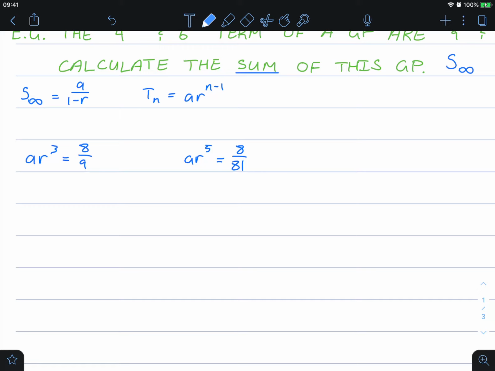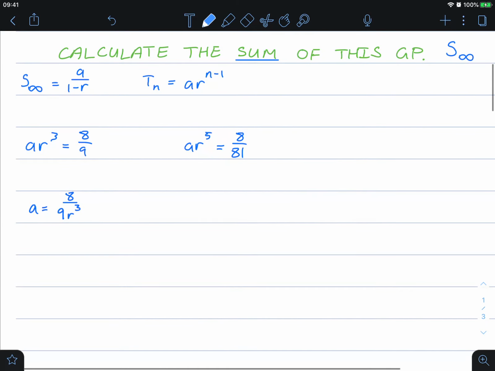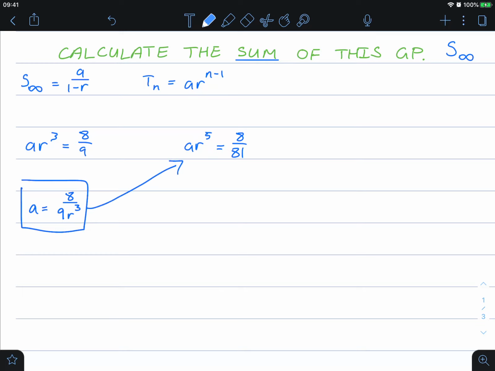So I'm going to rearrange the first one to give us a is equal to 8 over 9r cubed, so we divided by r cubed. Taking this expression and substituting it into the next, we get 8 over 9r cubed times r to the power of 5 equals 8 over 81.